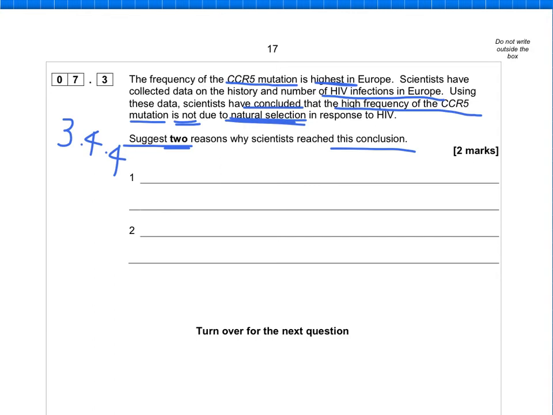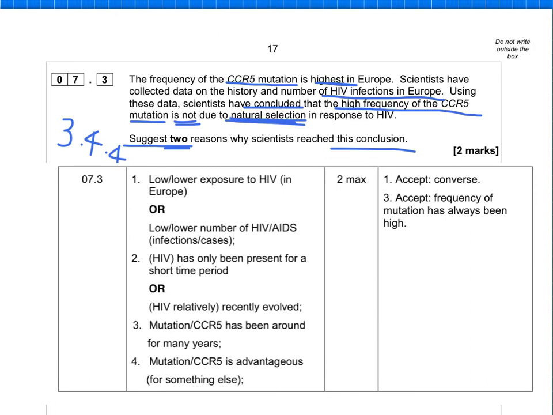And the CCR5 gene has probably been around for many years. It could be advantageous as well, but also you could argue maybe there's lower exposure to HIV in Europe. So you can have those answers.